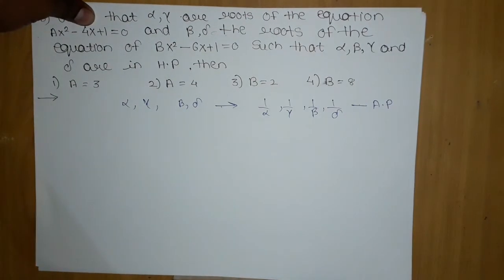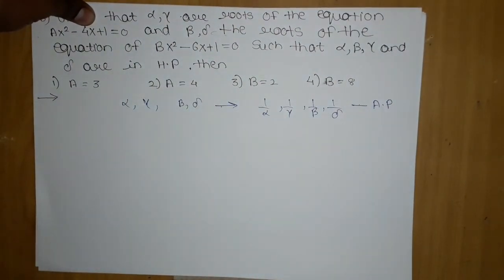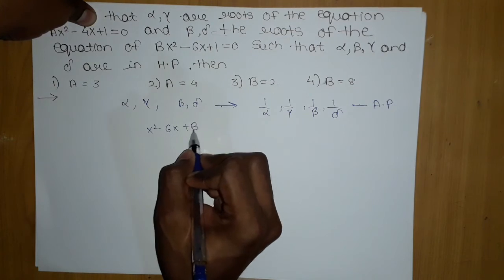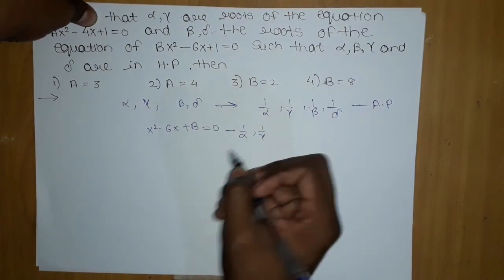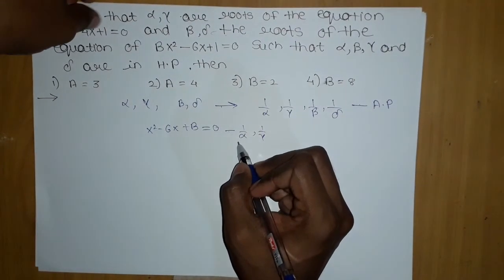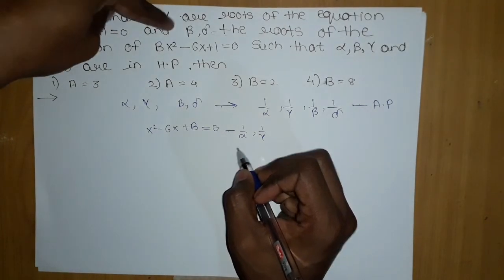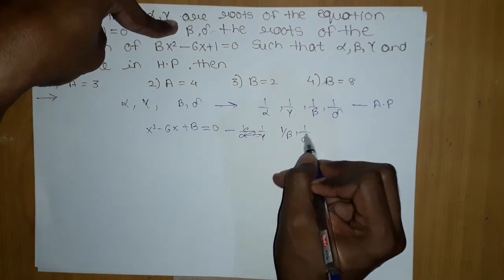Now from this condition we have to change the roots also, and in the equation we replace x by 1 by x. Then we get x square minus 6x plus b equal to 0, whose roots are 1 upon gamma and 1 upon delta.